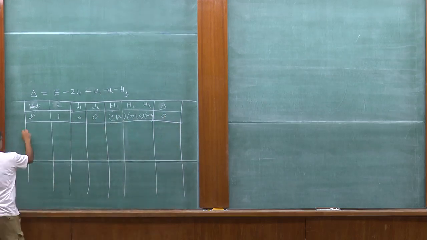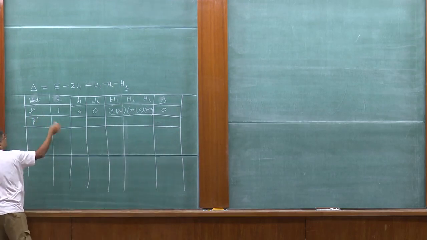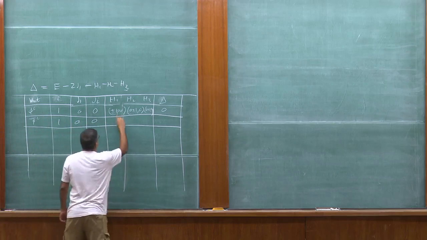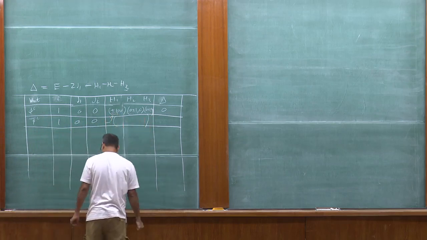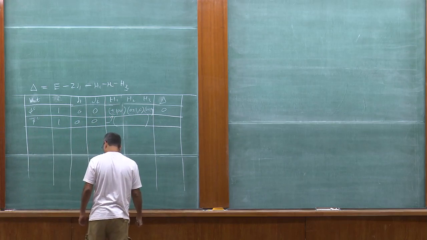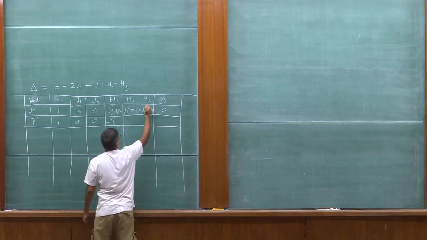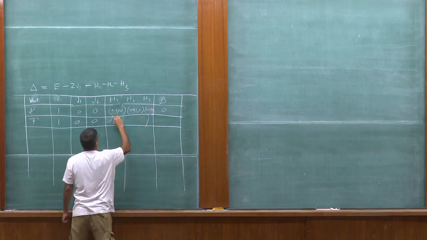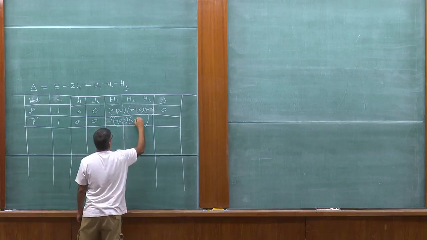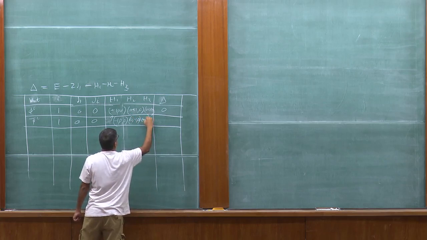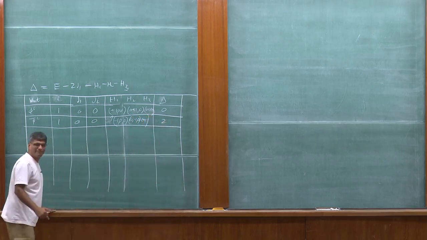Then there were the anti-chiral scalars, phi bar, which had 0, 0, 0, and then minus of these. These were all pluses. And these were minus 1, 0, 0, 0, minus 1, 0, and 0, 0, minus 1. And this guy had delta equals 2. So the important thing is not 0.